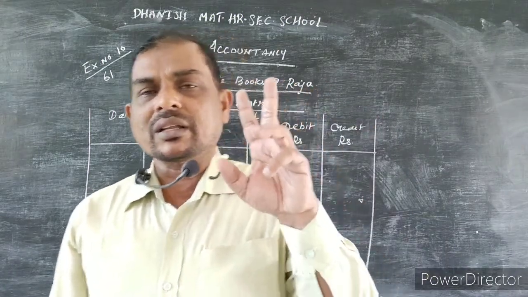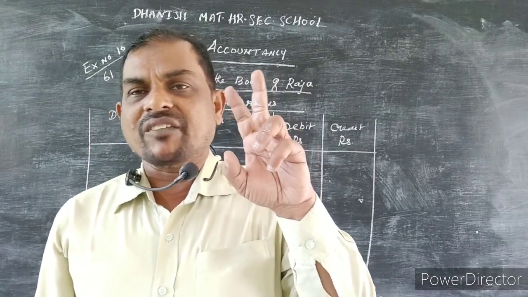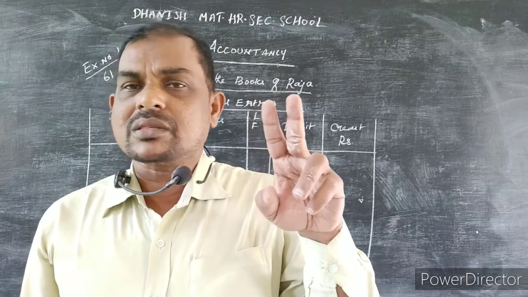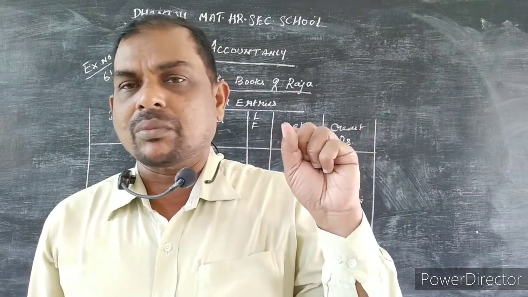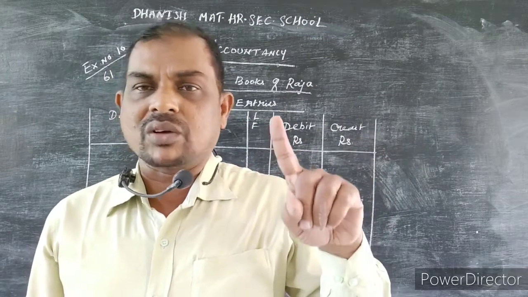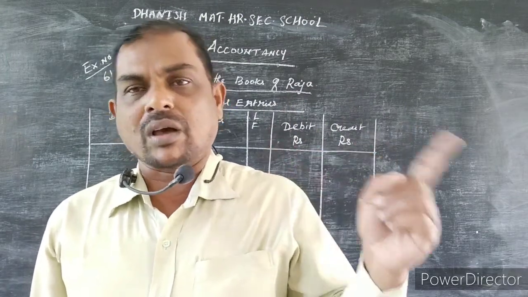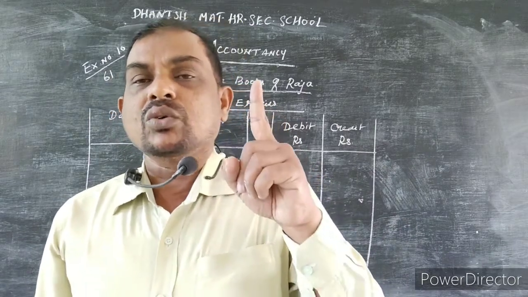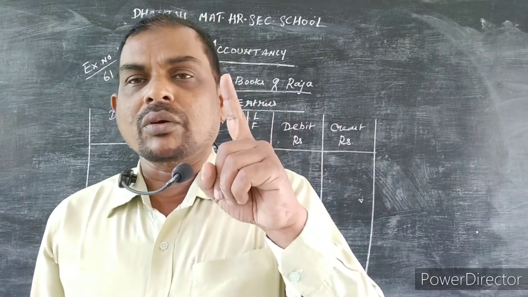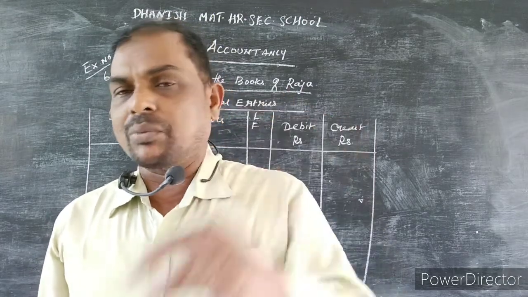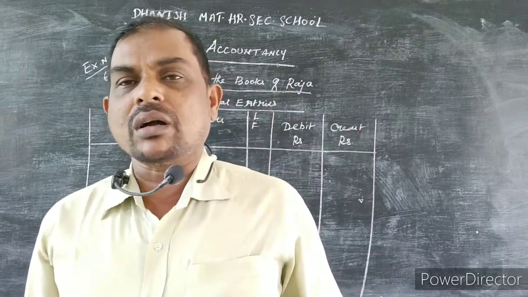In each transaction, the accounts may sometimes both be personal accounts, sometimes both real accounts, sometimes one personal and one real, or one personal and one nominal, like that. Suppose you are using one account for debit, for example here cash, a real account.